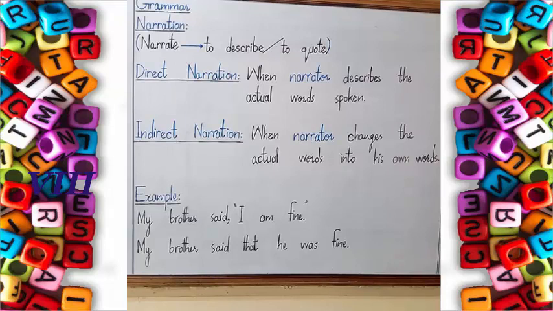I can wait for you to call your brother so that we can do this activity and understand fully what direct narration is and what indirect narration is. So do you have your brother with you?